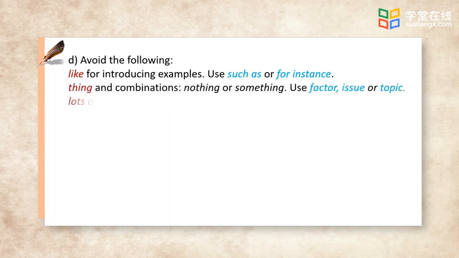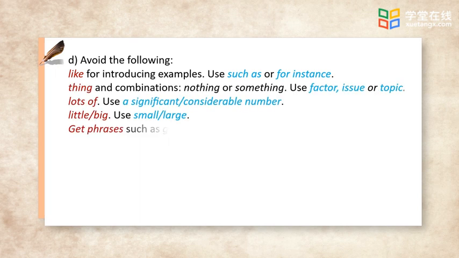D. Avoid the following informal words such as like, thing, lots of, little, big, and get phrases. For example, avoid using like for introducing examples. Use such as or for instance. Avoid using thing and combinations, nothing or something.